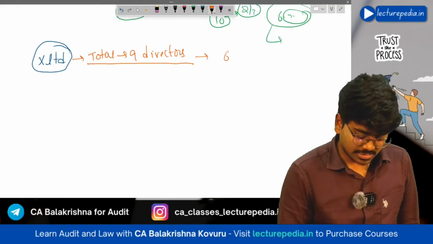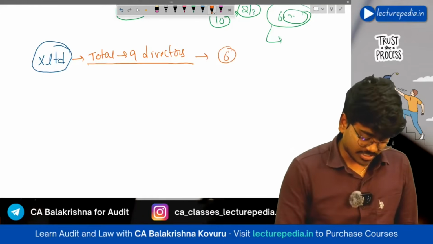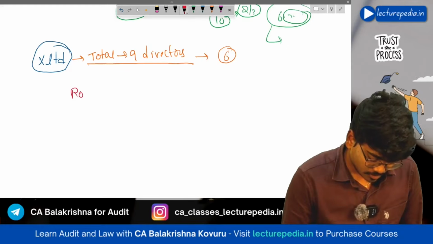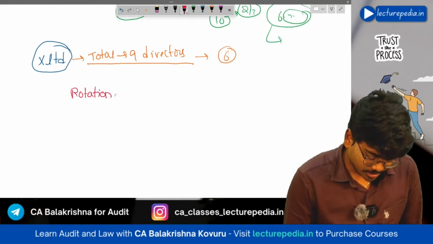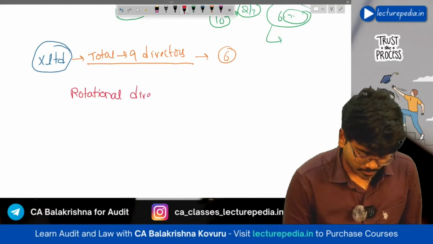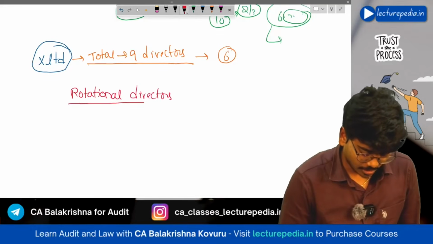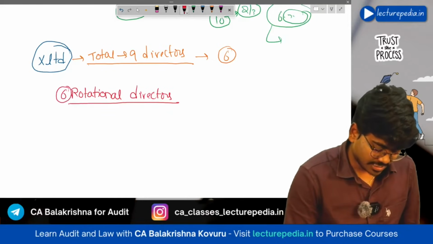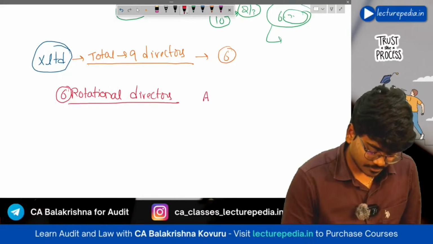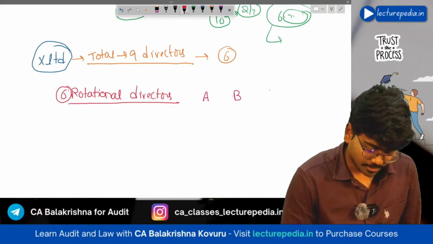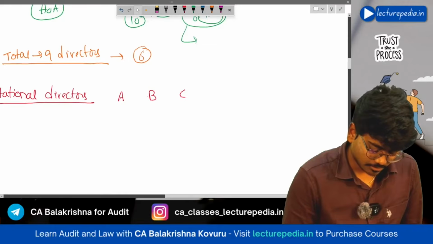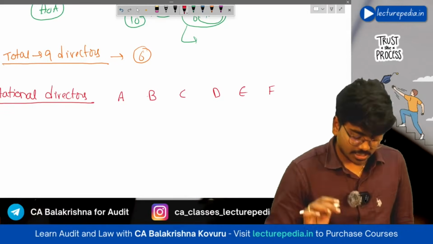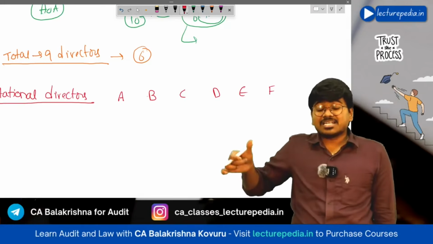That means six directors must be rotational. So here rotational directors are 6, right? Let's say Mr. A, Mr. B, Mr. C, Mr. D, Mr. E, Mr. F. These are the 6 rotational directors.